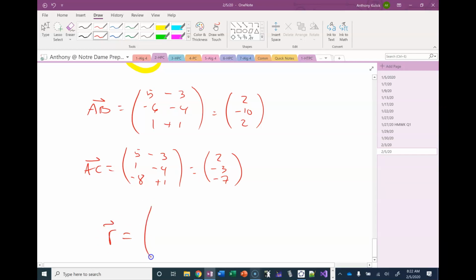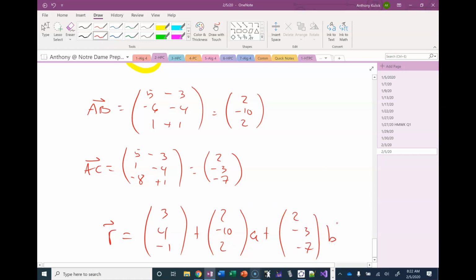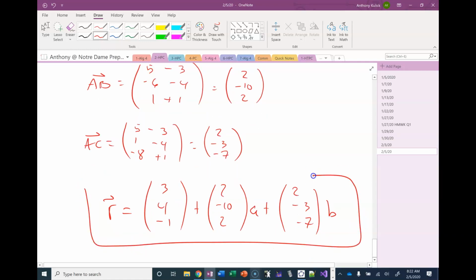So if I put this all together then, I have 3, -4, -1 plus 2, -10, 2 times A plus 2, -3, -7 times B. Does everybody feel okay on that?